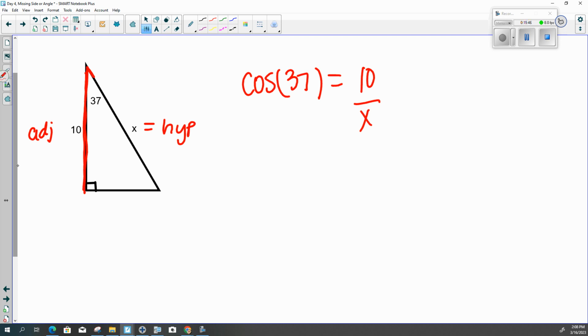Again, the same thing as Porter. It's not quite done yet. Oh, he needs some help. So then you times it by x on both sides, like an inverse operation.